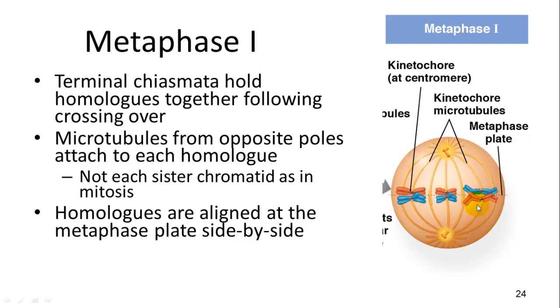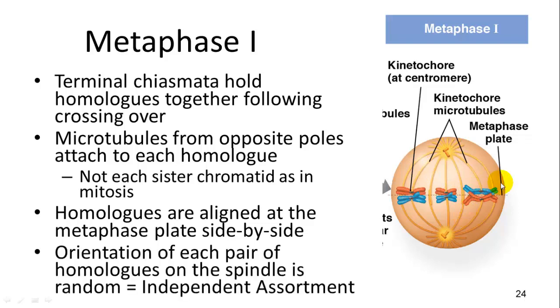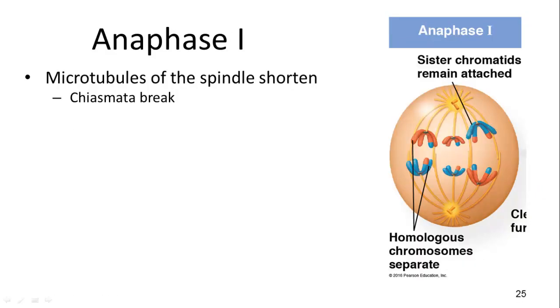So when you pull them apart, it actually gives you a genetic diversification of different types. And this is called independent assortment. So they align at random at the metaphase plate, and they are separated after crossing over. And all these things allow for genetic recombination to occur.